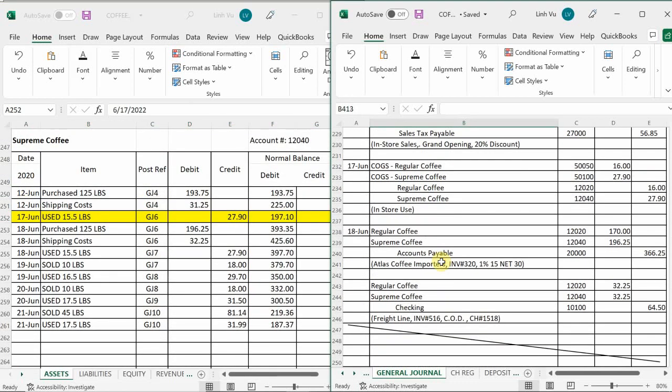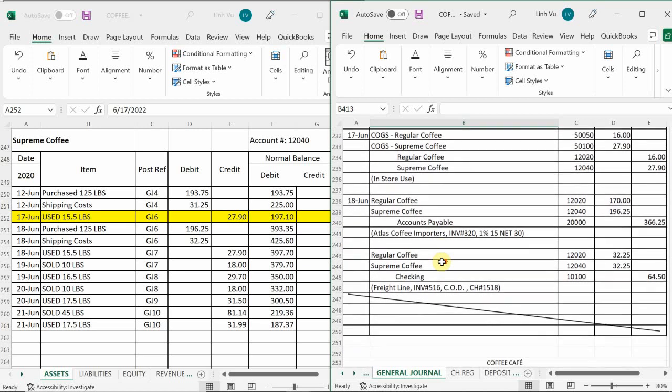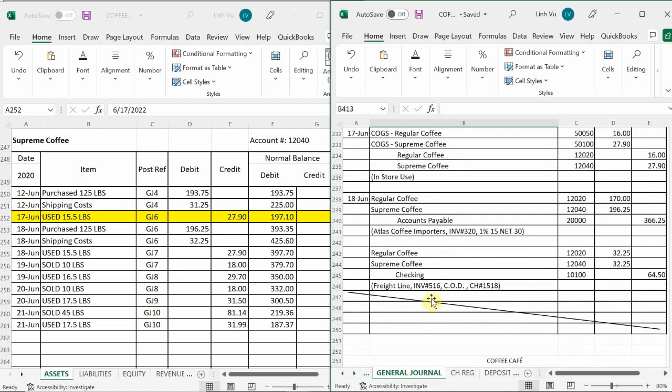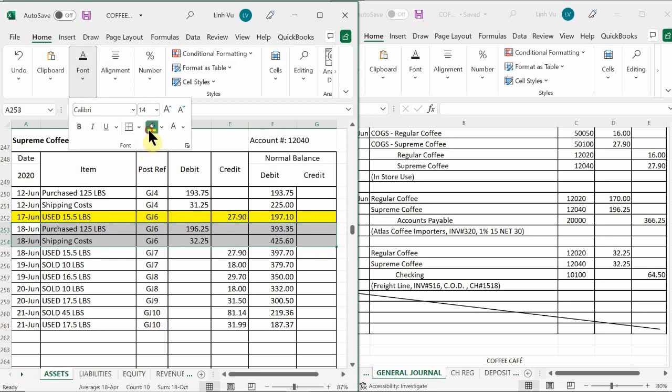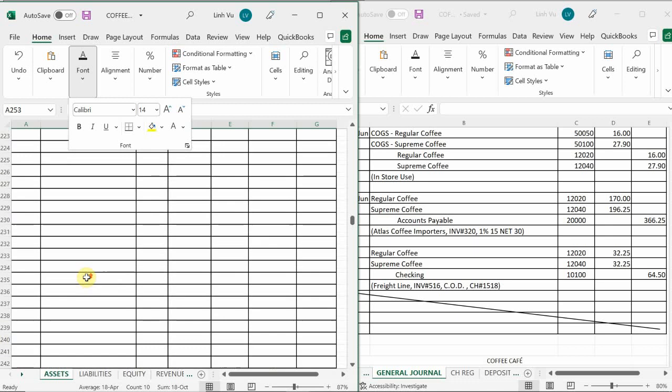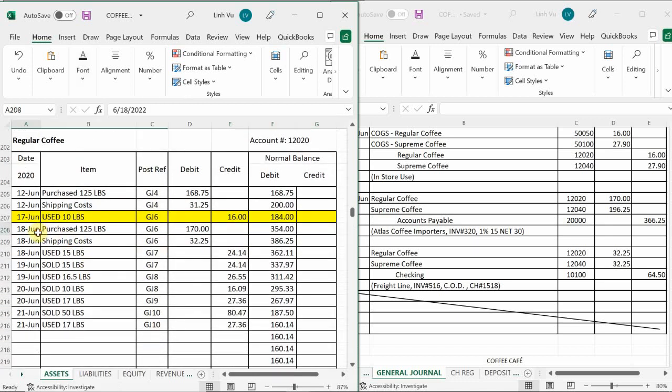We end up purchasing coffee. So we should have debited our account here for our regular coffee for $170 plus $32.25. So here we're already in Supreme. Did we purchase our Supreme for $196 plus 32? Yes, we did. And of course, we also purchased $170 plus the $32 right here.